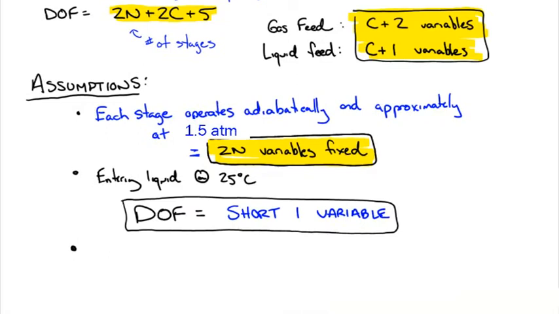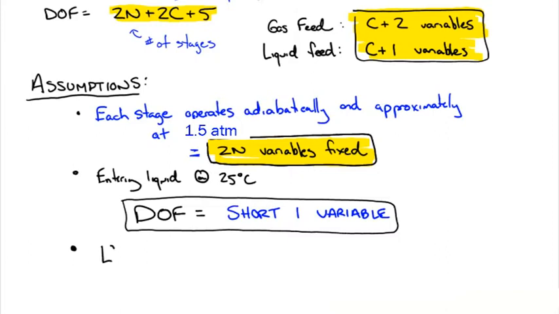So we need to make another assumption. The flow rate for an absorbent can be related to our L over V minimum. A good operating condition for our absorbent flow rate is typically somewhere in the ballpark of 1.4 times the minimum absorbent flow rate.